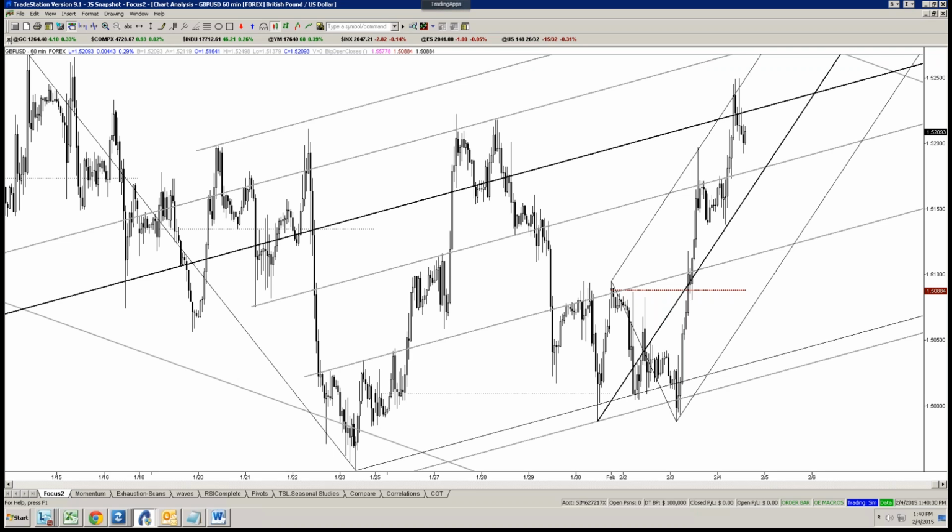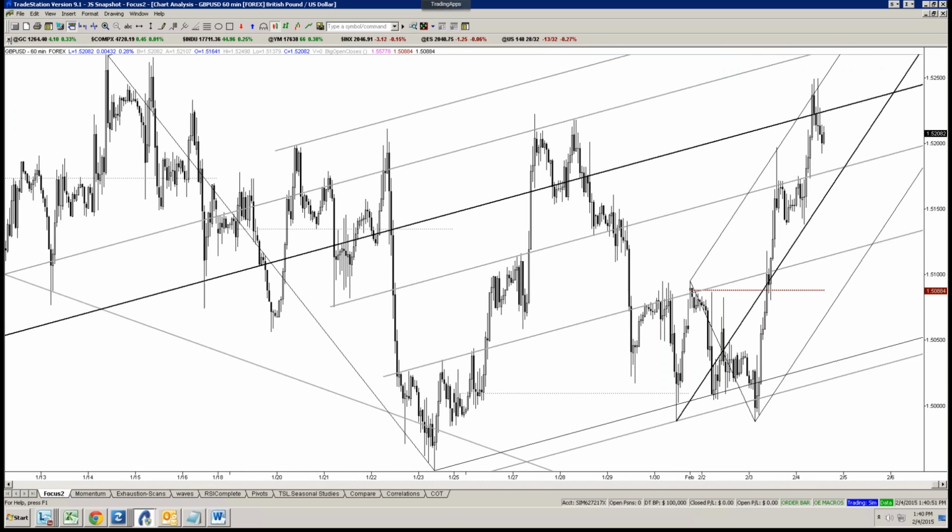I think that 52.80 to 53.20 could give the pound some problems, and at that point, you get a sharp jerk lower in the British pound.